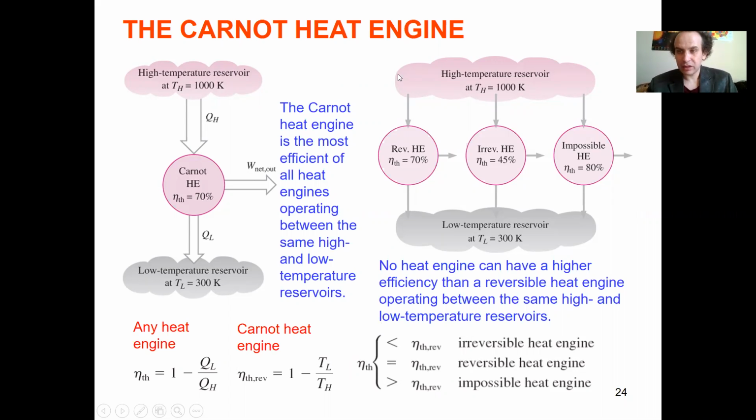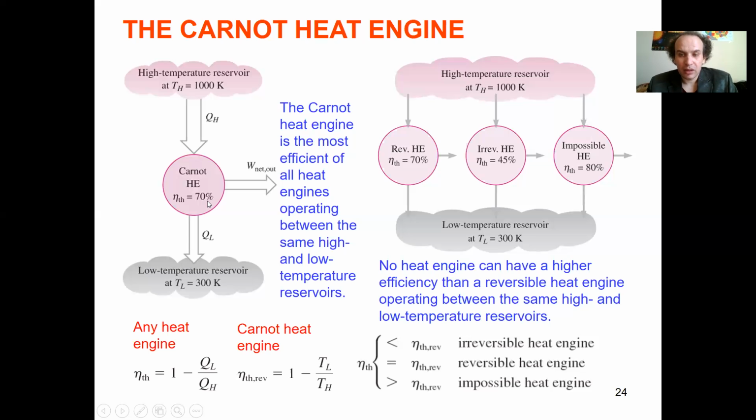Do you understand this? What you must remember here is that temperature is in Kelvin scale. If you write in Celsius scales, it will be something ridiculous. Like you see on the screen now, we have a heat engine operating between 1000 Kelvin and 300 Kelvin, and we say that its efficiency is 70%.